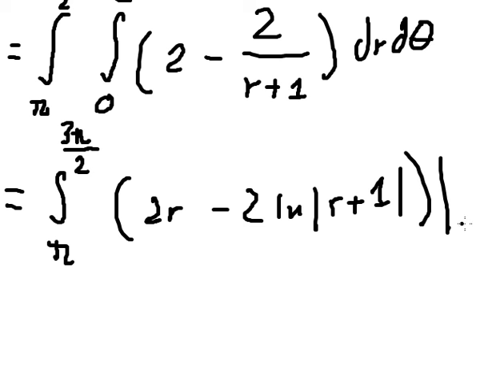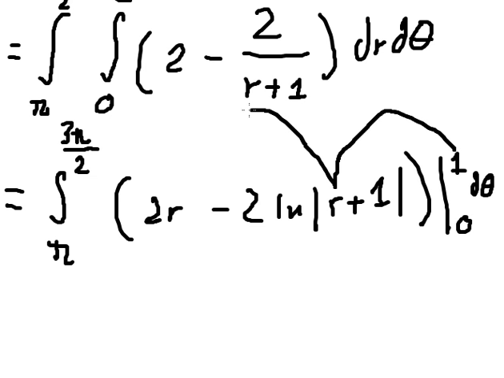And now I will put the bounds from 0 to 1. So I will put 1 here, 0 here. So we have 0 minus 2 ln 1. So the bottom gives 0. So we just concentrate on 1 here.